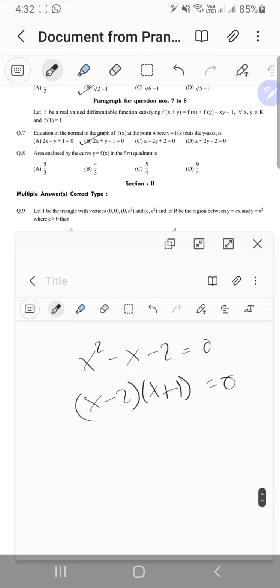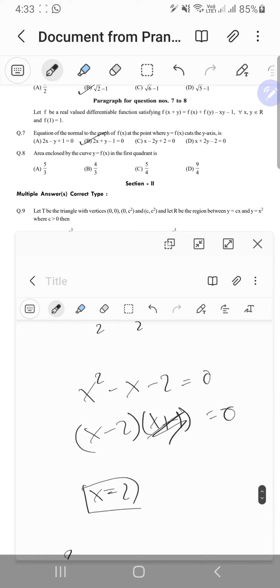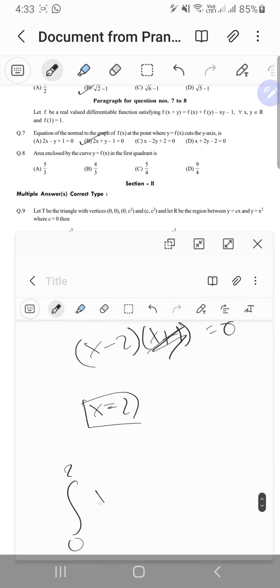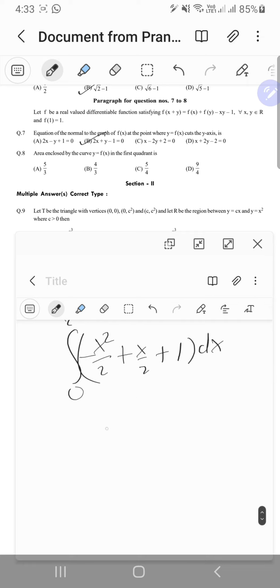So either x is minus 1, which is not good, it's not in the first quadrant, or x is 2. So it's integration from 0 to 2 of minus x squared by 2 plus x by 2 plus 1, dx. So this would be negative x cubed by 6.